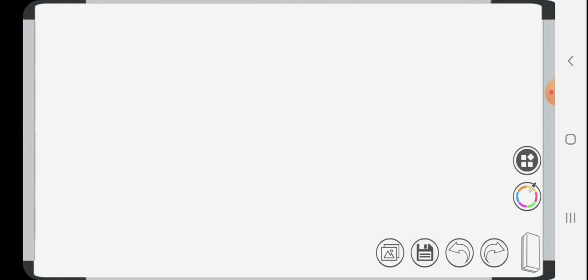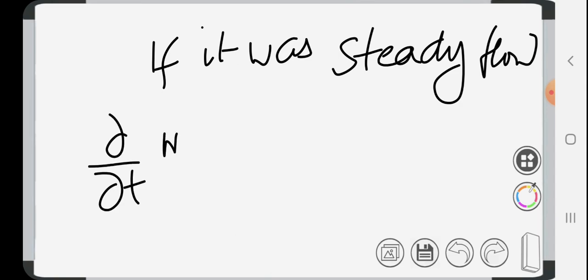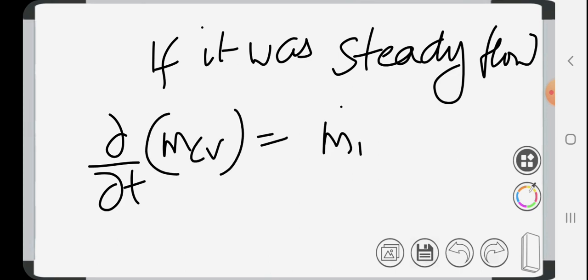Now I am going to define steady flow. If the flow was steady, it means no change with respect to time. Dou by dou t of mCV equal to m dot in minus m dot out, right?